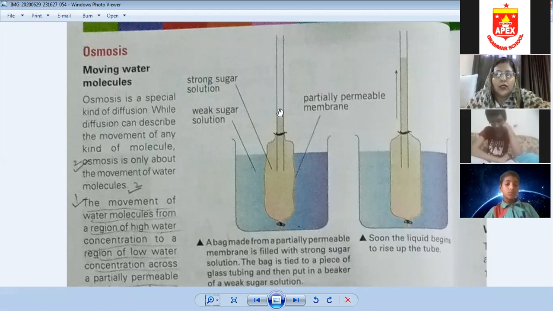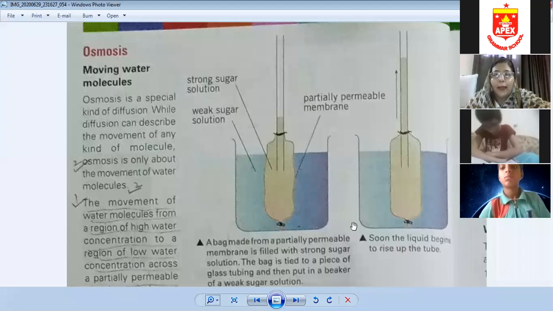You have put that tube inside the bag and tightly tied it, and you have also tied the other end of the bag. The strong sugar solution is filled inside the bag, and the beaker is filled with a weak sugar solution. So now what will happen?